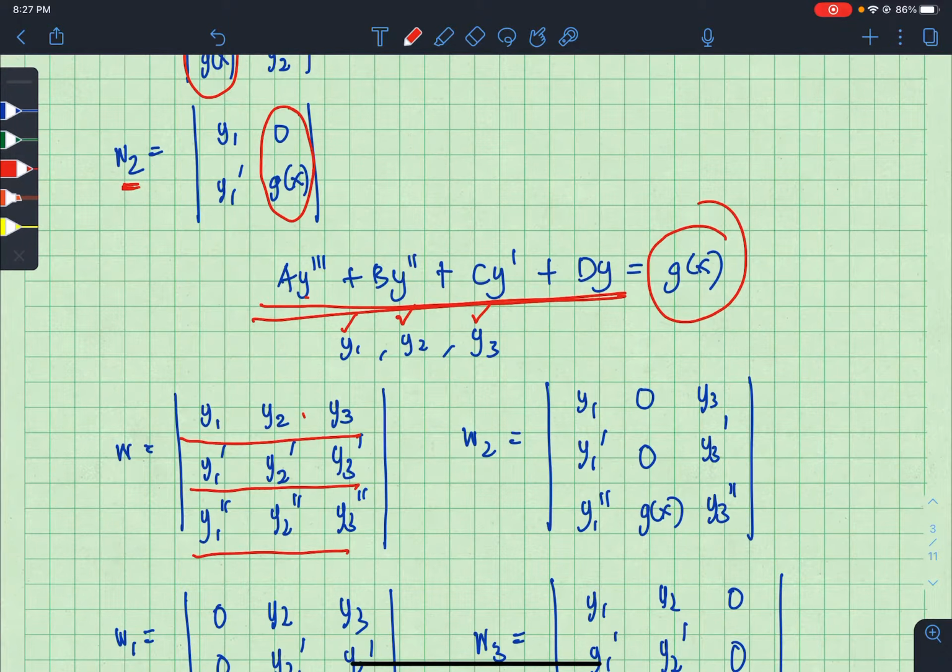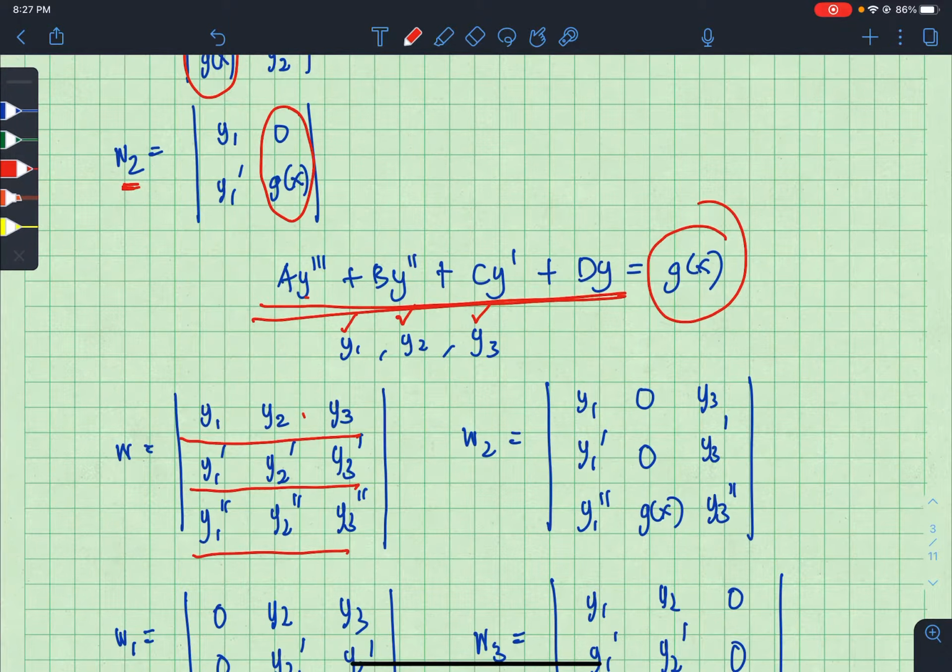Therefore, our y sub c is c1 e raised to x over 2 plus c2 e raised to negative x over 2. So we have our y sub c.